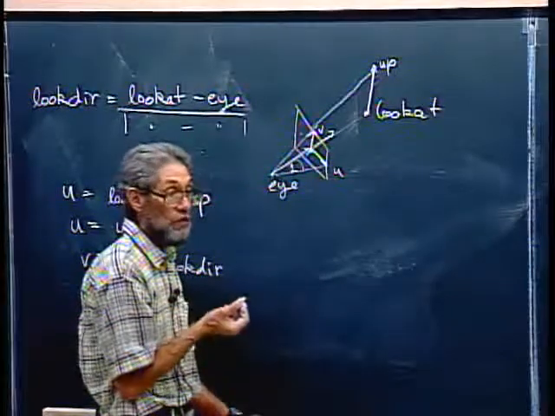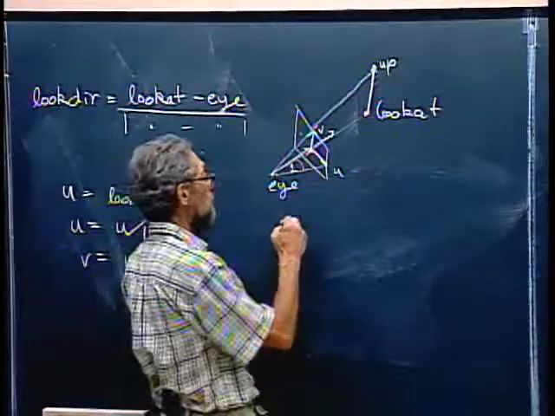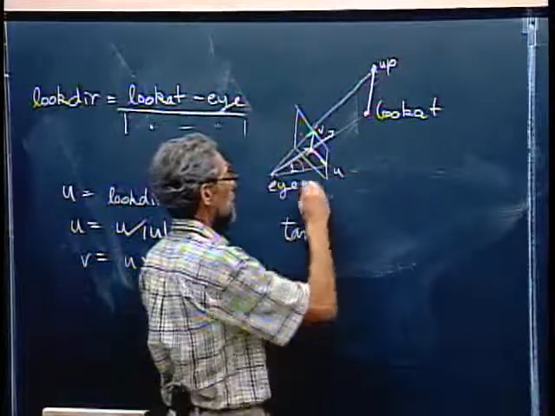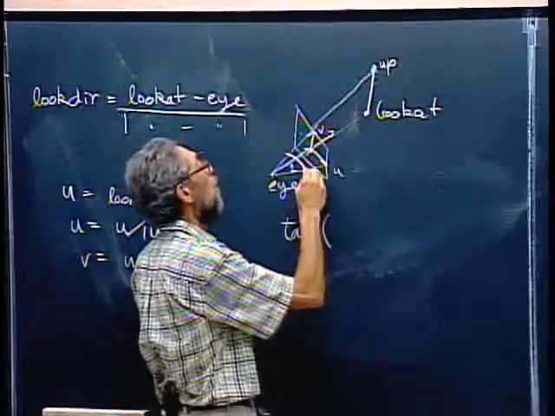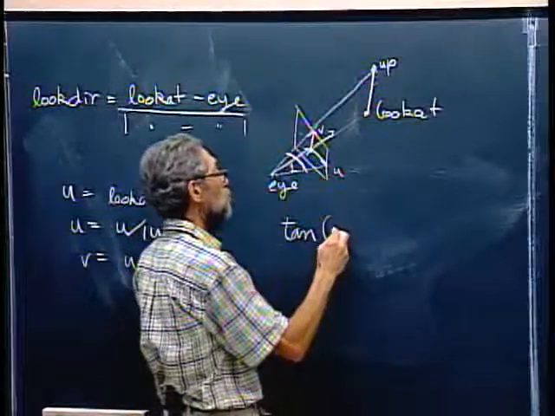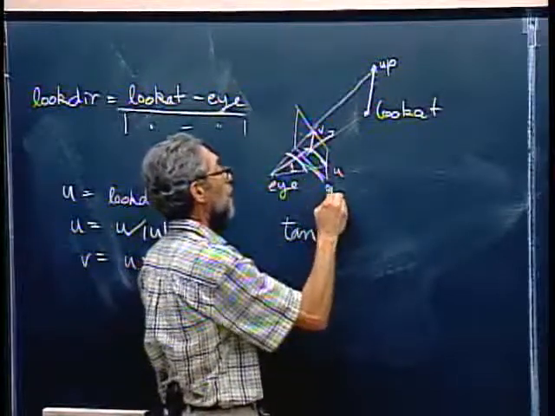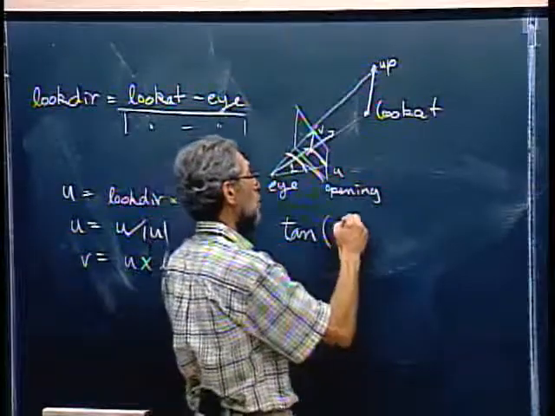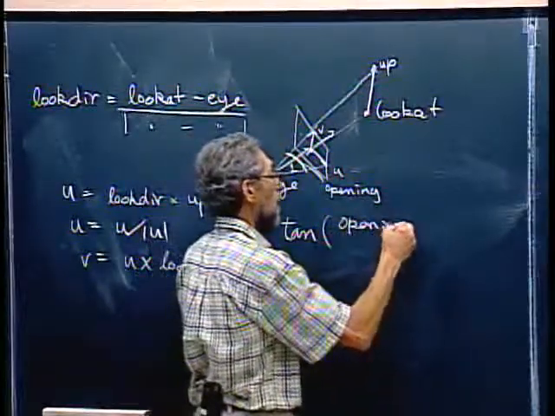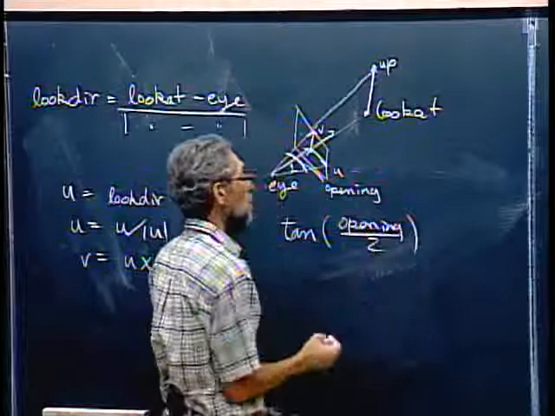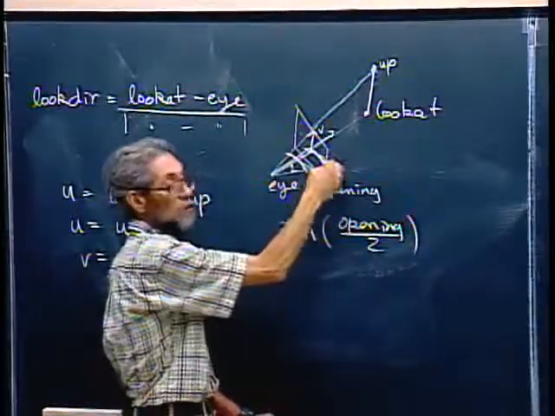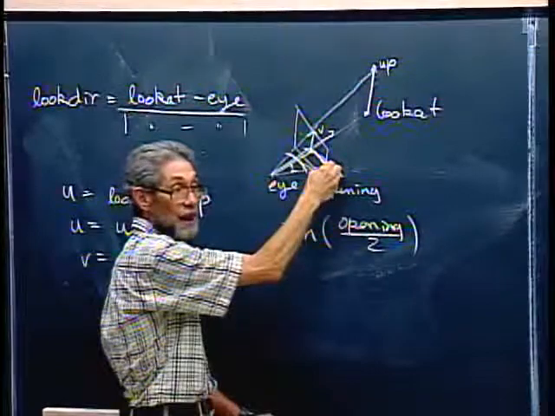Usually you specify the whole opening angle, and then the tangent of opening over 2 is basically from the center of the screen to the right side of the screen.